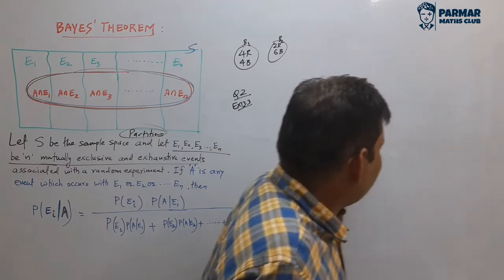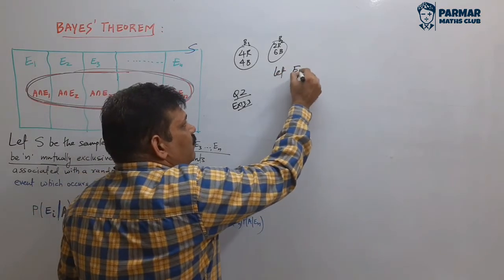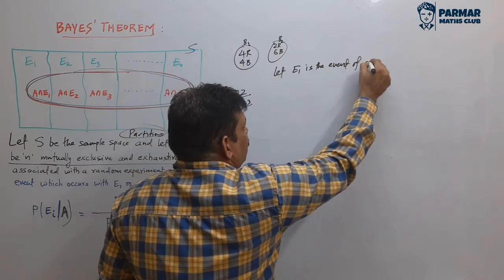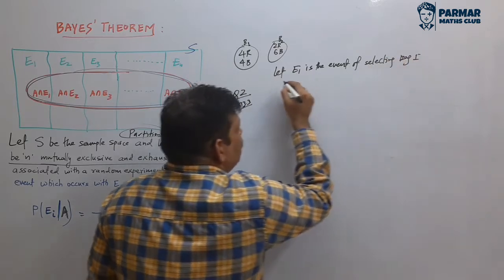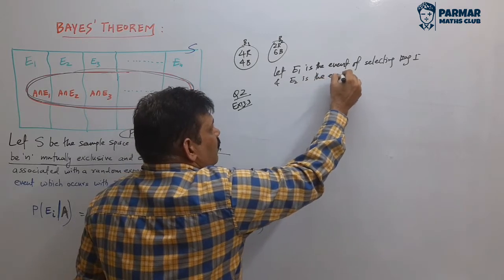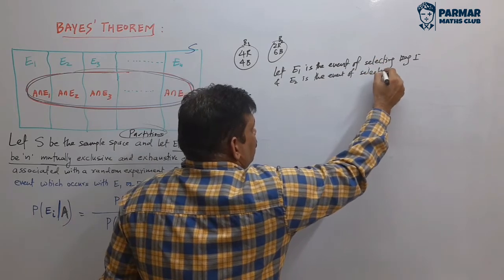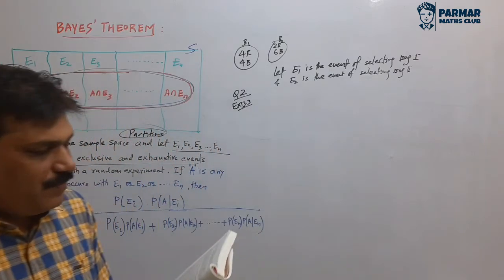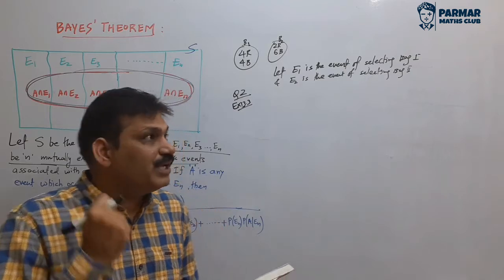Let E1 be the event of selecting bag 1 and E2 be the event of selecting bag 2. Now one of the bags is selected at random and a ball is drawn from the bag, which is found to be red.